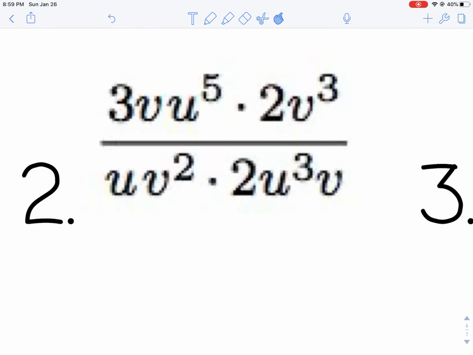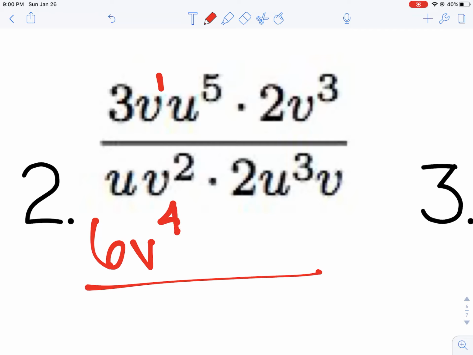All right, number 2, what I would do first is simplify everything in the top that I could, and simplify everything in the bottom. So I need to do 3 times 2, which gives me 6. I have 1 v here and 3 there, so total of 4 v's, and then u has nothing else to combine with, so it's just going to stay u to the 5th.